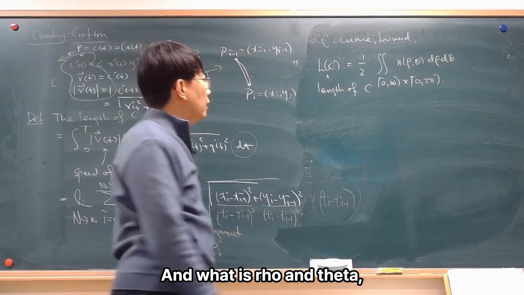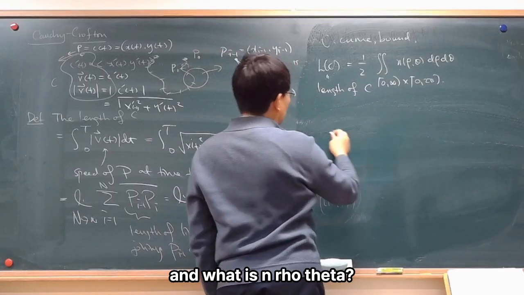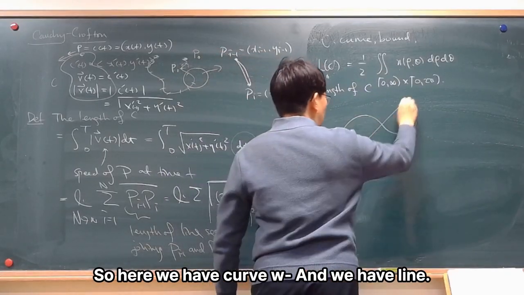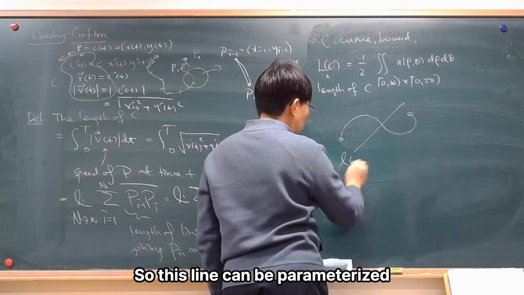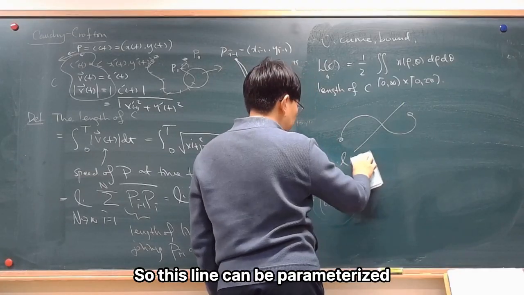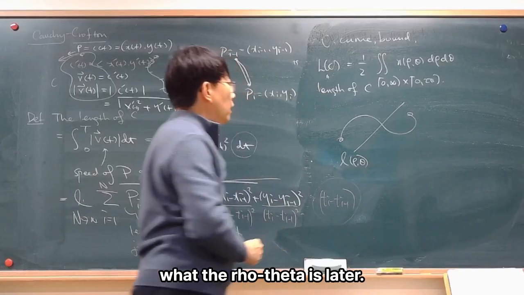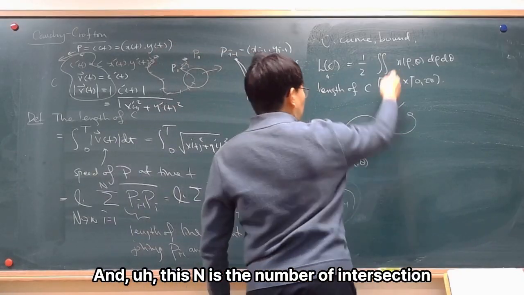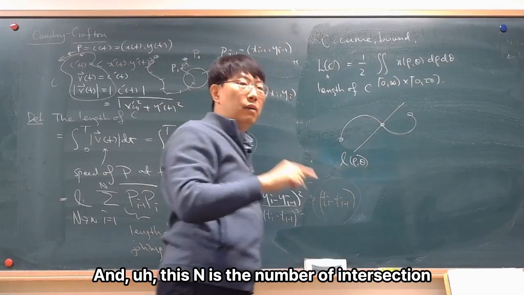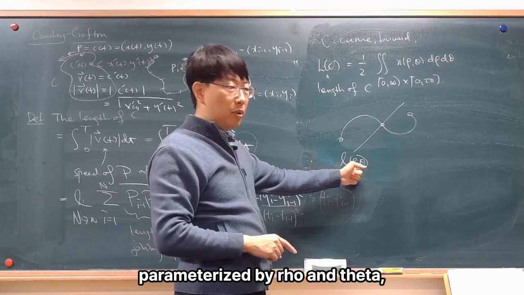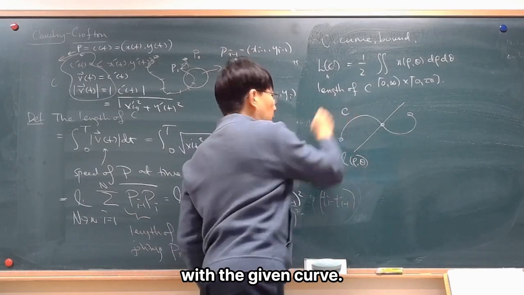And what are rho and theta? And what is n(rho, theta)? So here we have a curve, and we have a line. This line can be parameterized by rho and theta. I'm going to tell you what rho and theta are later. And n is the number of intersections between this line, parameterized by rho and theta, and the given curve.